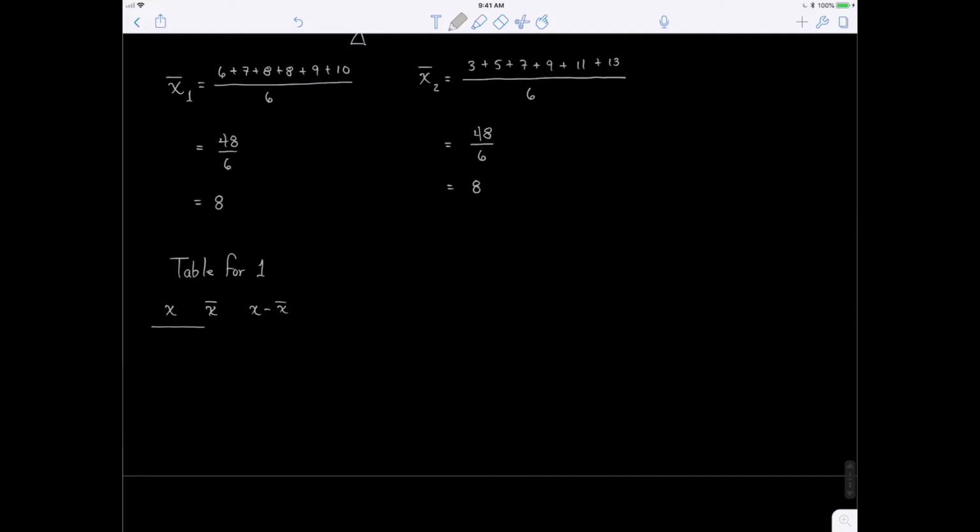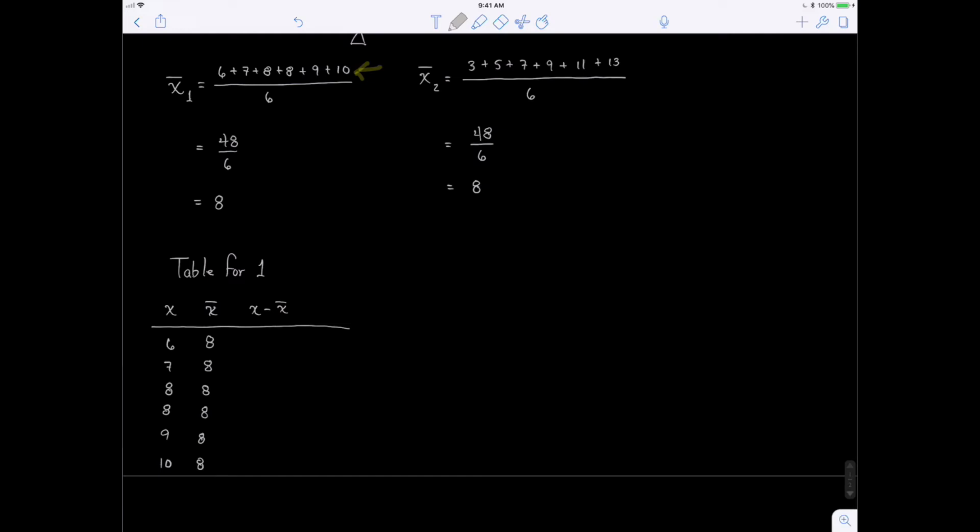And I'll show you why. So if I write down my data, I have a 6, a 7, an 8, another 8, a 9, and a 10. Now x bar is the same for all of these: 8.